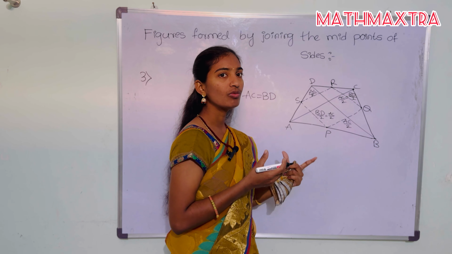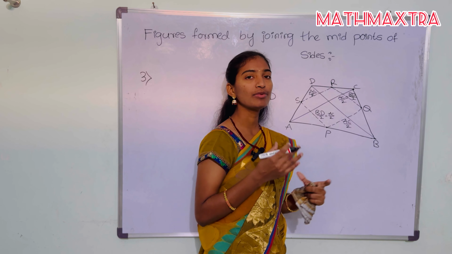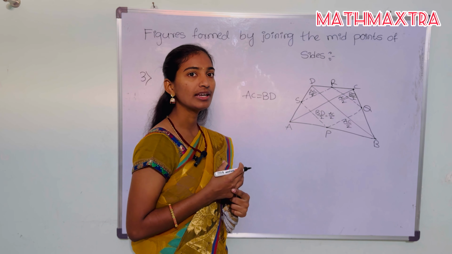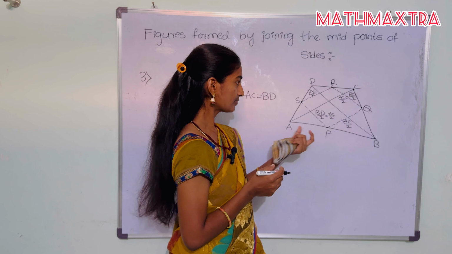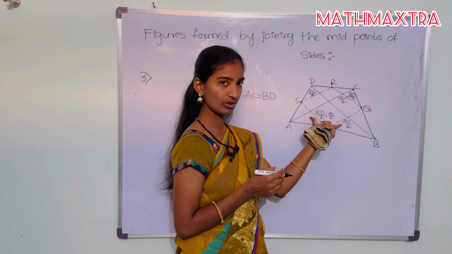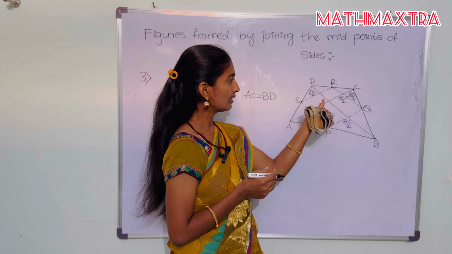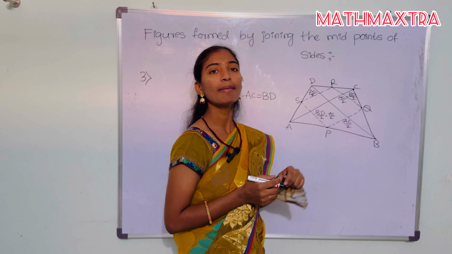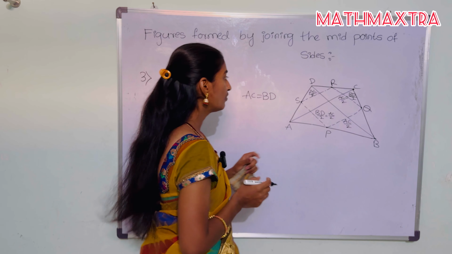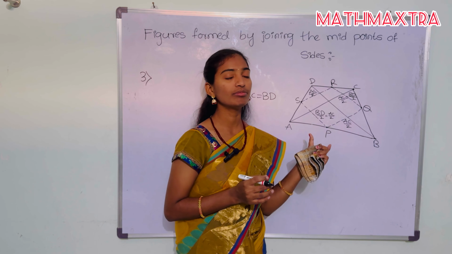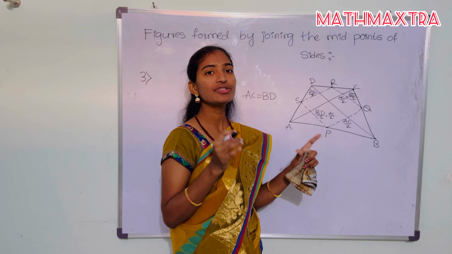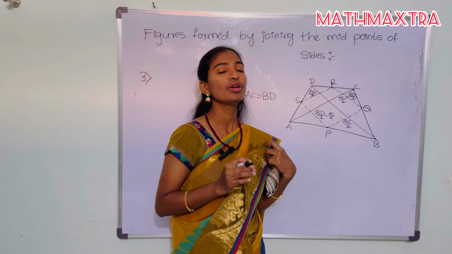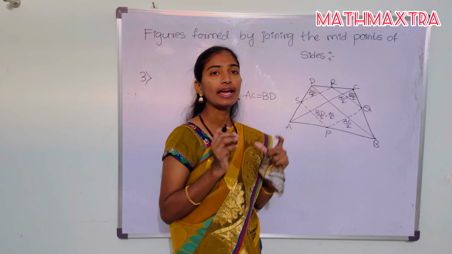So which type of quadrilateral has those properties? It is always a rhombus, isn't it? Adjacent sides are equal and the opposite pairs of sides are parallel. So we can confirm that if you join the midpoints of the sides of an isosceles trapezium, you will always get a rhombus.